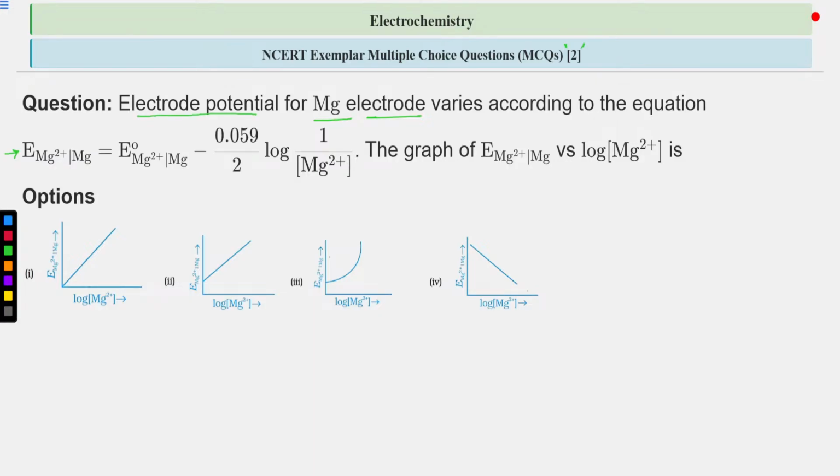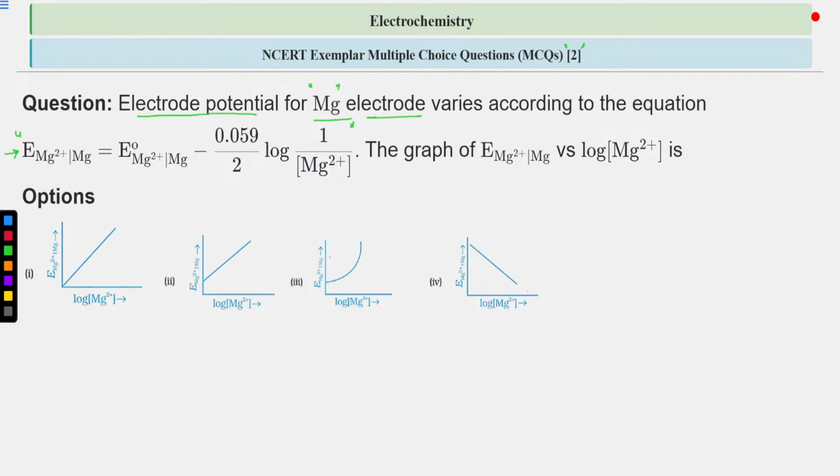Electrode potential means the potential of a particular electrode, and the electrode we are talking about here is magnesium. So the magnesium electrode potential varies according to the equation E of Mg2+ to Mg equals E naught of Mg2+ to Mg minus 0.059 by 2 log 1 upon the ionic concentration of magnesium 2 positive.